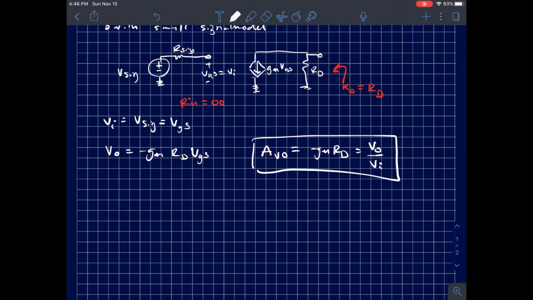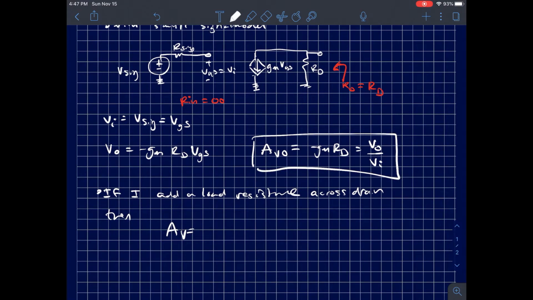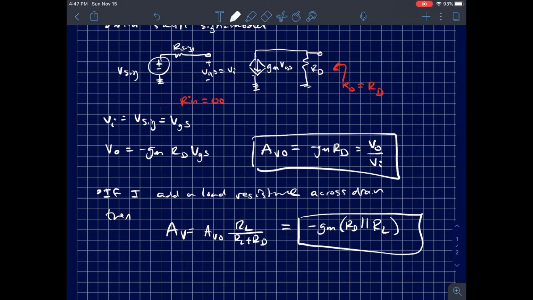If I add a load resistance then across the drain, then I get Av. Av is equal to Avo times RL over RL plus RD, which is the same as negative gm RD in parallel with RL. And so that is the same as Vo over Vi as long as I have a load resistance there.